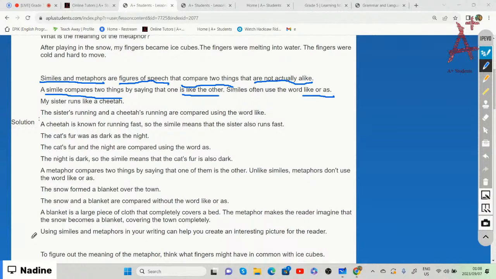So the cat's fur and the night are being compared, which means that the night is usually dark. At night it's dark, which means that the cat's fur is probably dark. So the night is dark, so the simile means that the cat's fur is also black.